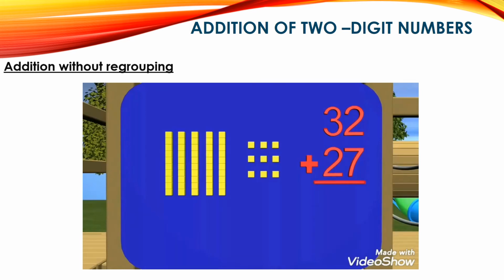And 3 plus 2 is 1, 2, 3, 4, 5. So the answer is 59. You have to join this. This is addition without regrouping.